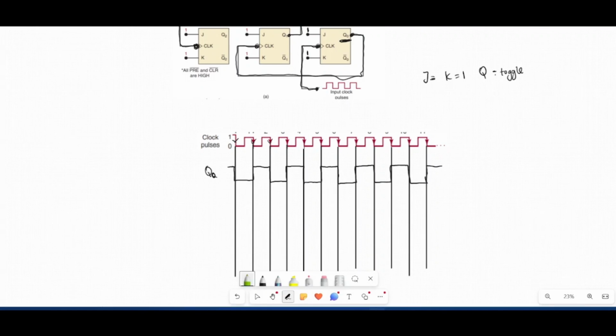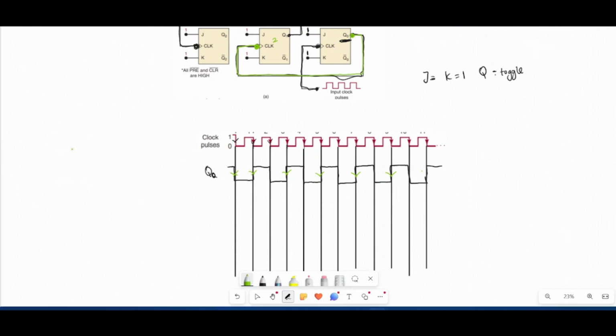Now, I told you that Q0 acting as the input clock for the next JK flip-flop will affect it. So now, since we know that this second JK flip-flop only responds to NGT, we're going to look for the NGTs of our Q0 because it's acting as the clock signal for the next JK.